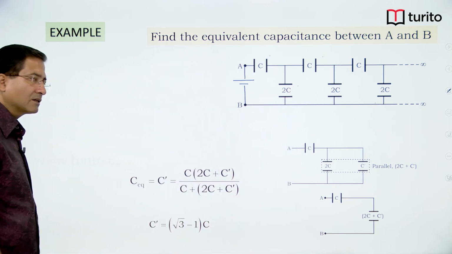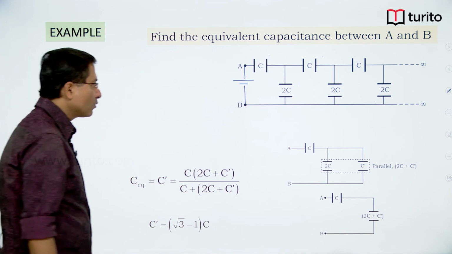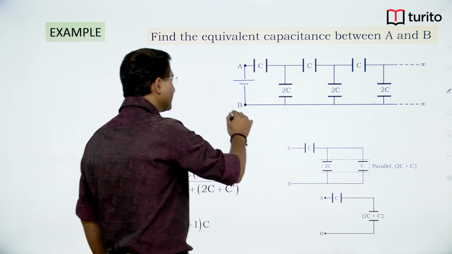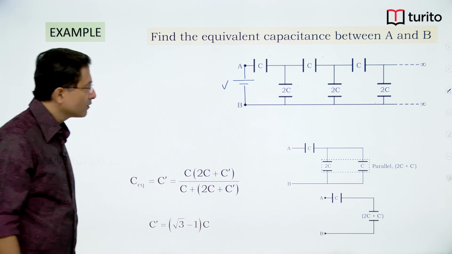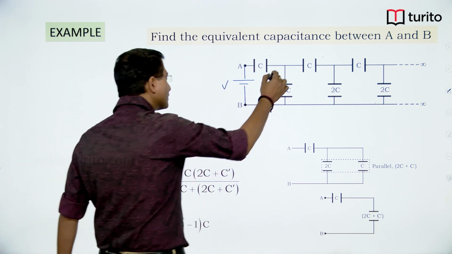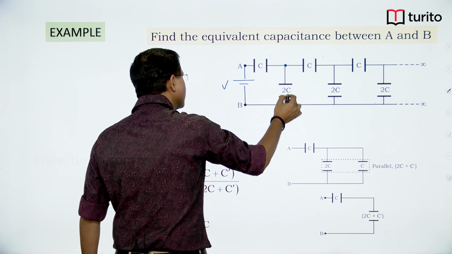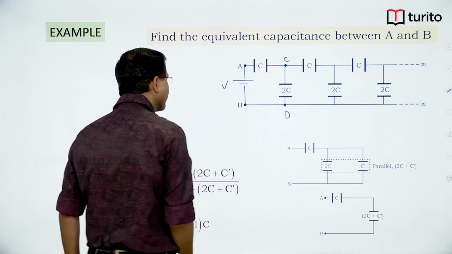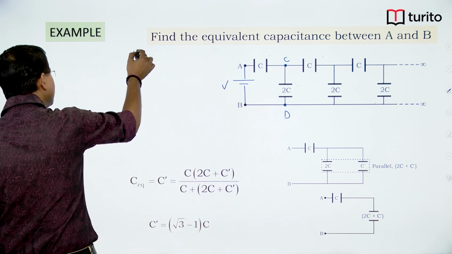If I ask what is the charge on the capacitor, or I may ask what is the potential difference across this capacitor, right. Here V volt battery is connected. So if I ask what is the potential difference here, CD, what is VCD, right?